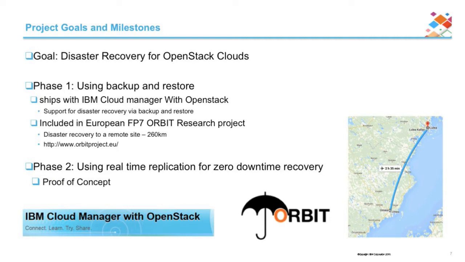You can see here on the map two sites with a distance of 260 kilometers. And the second phase is actually using real-time replication. And this is done as a proof of concept. This is not used anywhere at this stage.